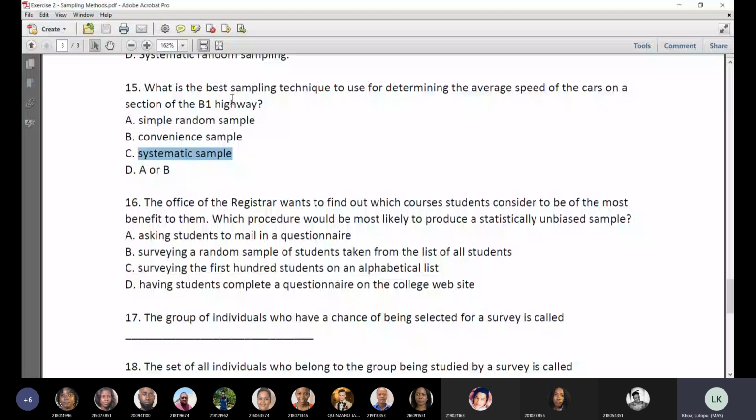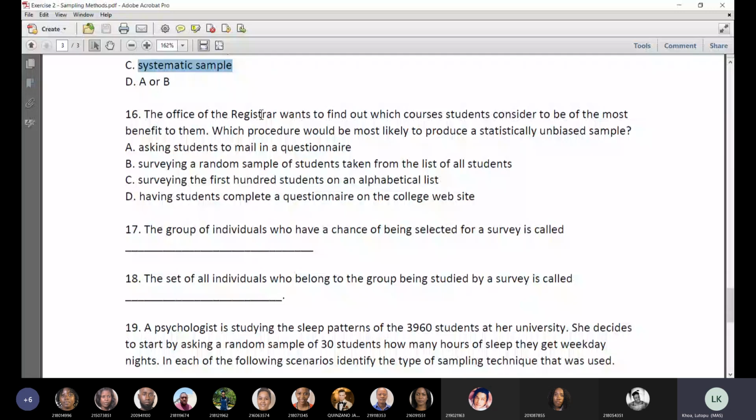Okay, and number 16. The Office of the Registrar wants to find out which courses students consider to be of the most benefit to them. Which procedure would be most likely to produce a statistically unbiased sample? Is it asking students to mail in a questionnaire? Usually not.